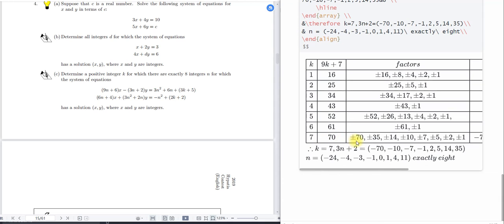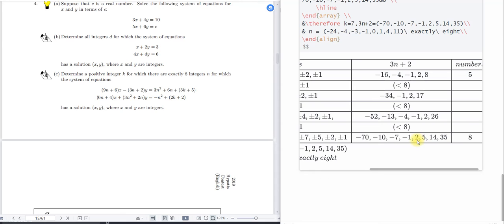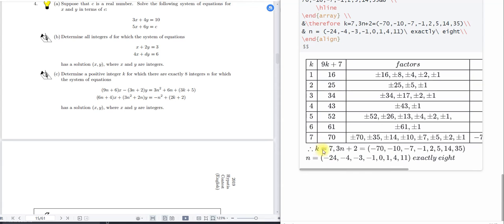So until we see this, 70, there are 16 factors, and there are 8 of them that satisfy the constraint, 2 more than a multiple of 3. So now we found k equals 7. Determine a positive integer. Now we found 1, so there's no need to find anything else.